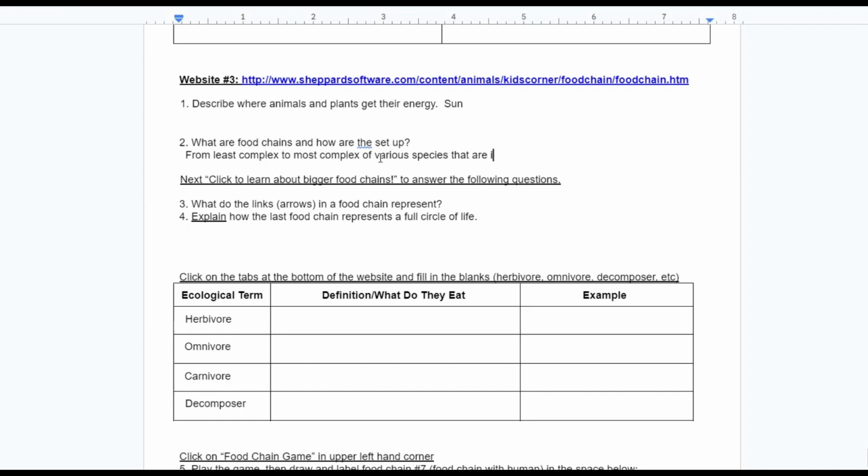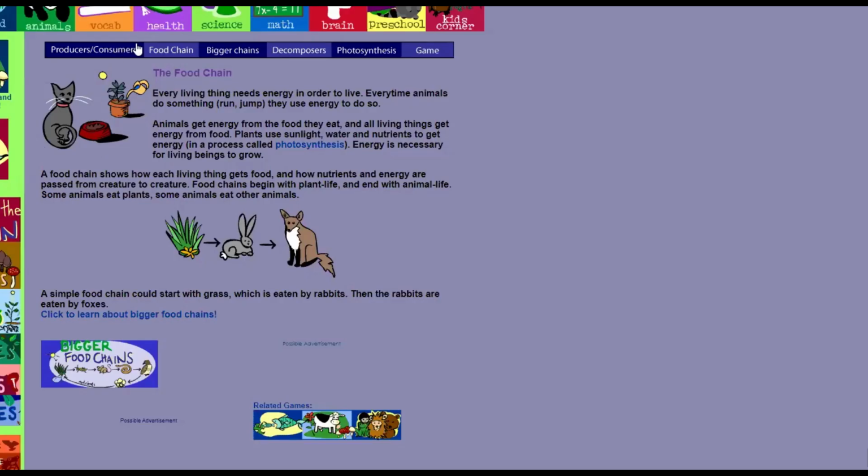That's probably a good one. Interconnected. All right, click toward bigger food chains. What do you think the arrows in the food chains represent? Okay. Their food source. That's what it is. Okay. All right. Explain how the last food chain represents a full circle of life. Huh. All right. Now, what should I do for that? Right here. Where's food chain? Food chain. One goes from one to the other.